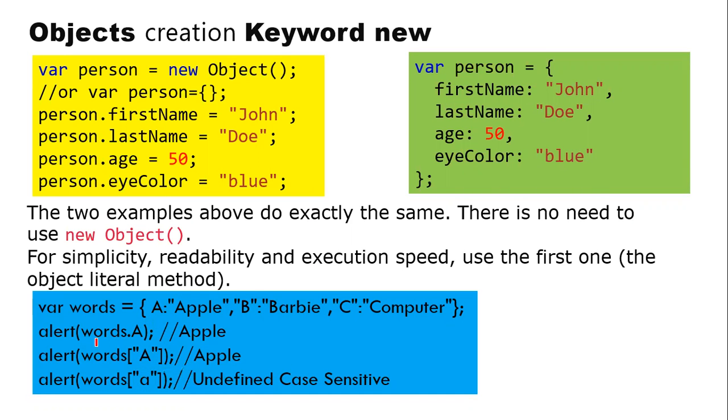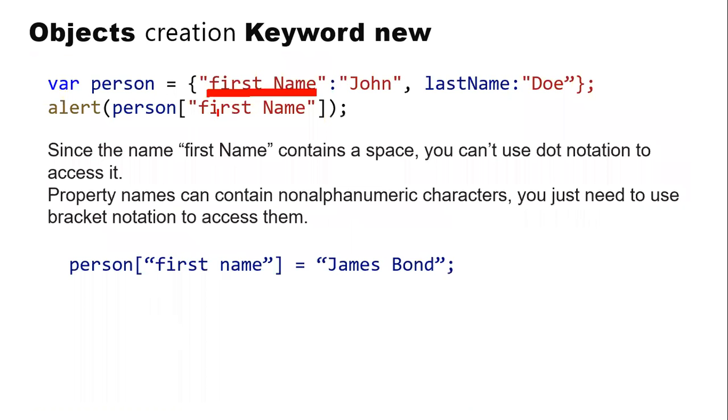When I'm trying to access the data of my object called words, I'm using dot a, or I open the square bracket and write the double quotes a there. Two different ways I'm using. But if I'm using a space in my property name like this one, then the dot operator cannot be used to access the properties. So that gives me the error, right? That has to be remembered.